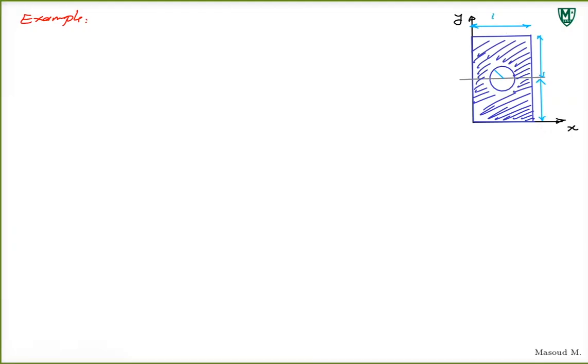This is 100 millimeters. This is 75 millimeters. This is 75 millimeters. And the radius here is 25 millimeters. All right. I want to find the moment of inertia for this area about the x-axis, let's say.